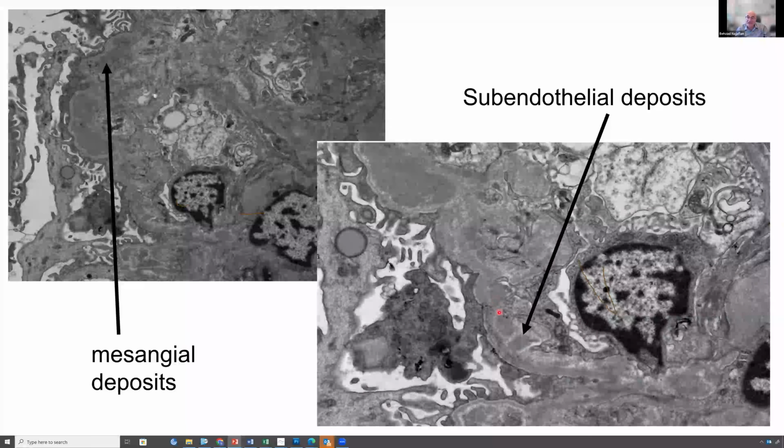These deposits are subendothelial, and these subendothelial deposits are the ones that hurt the endothelial cells. They attract the inflammatory influx and cause endocapillary hypercellularity, and if that inflammation is severe, it can lead to rupture of the glomerular basement membrane, crescent formation and necrosis. And we also had mesangial deposits as well.